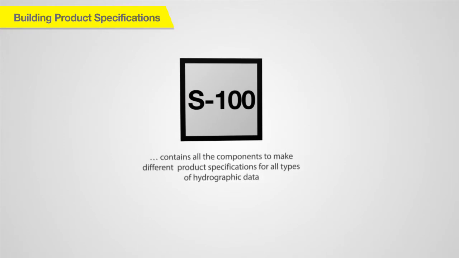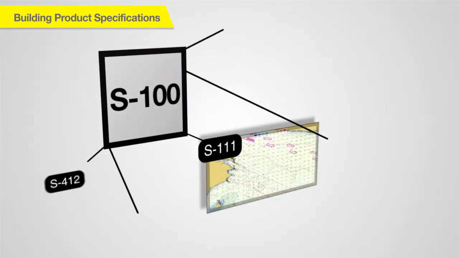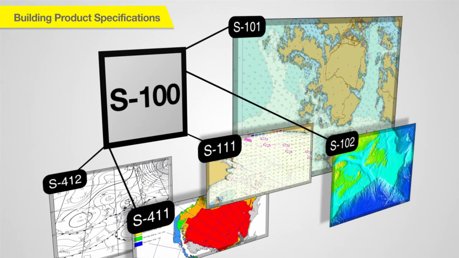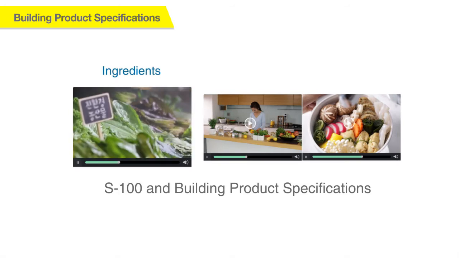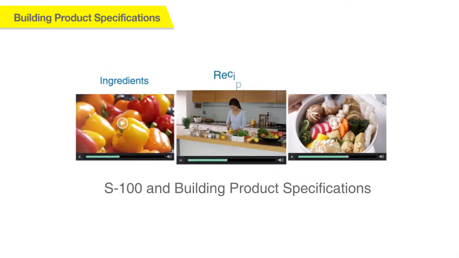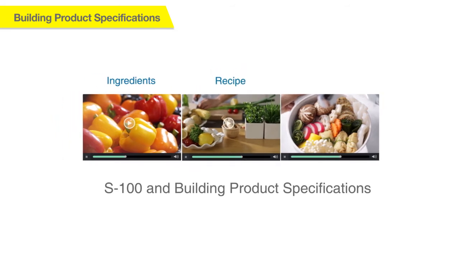S100 is the data framework for databases of various fields to make different product specifications. Product specifications for various hydrographic data can be developed based on S100, and numbers are given in the order of S10X. Creating product specifications using S100 is similar to using a recipe when you cook after buying some ingredients at a grocery store.